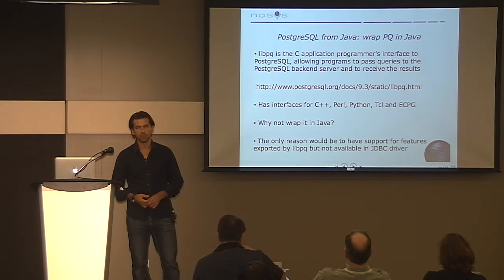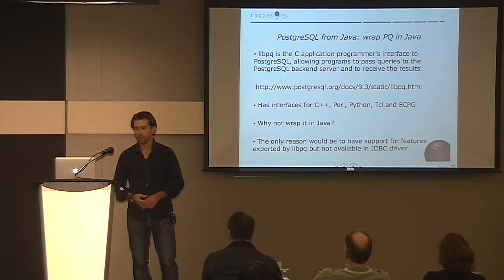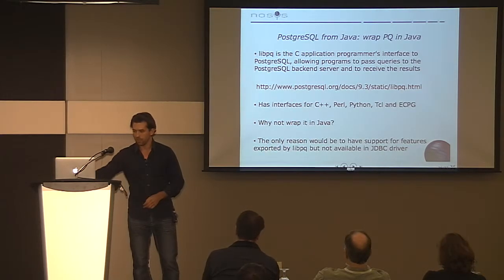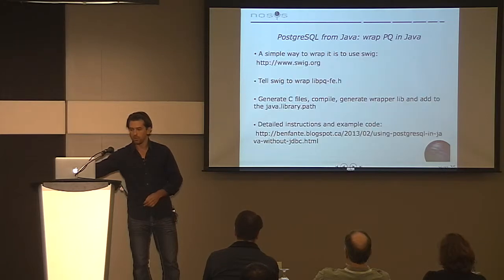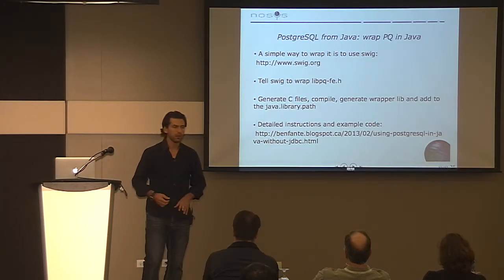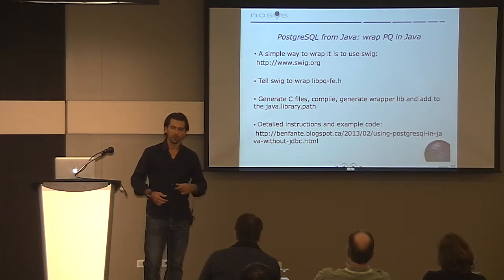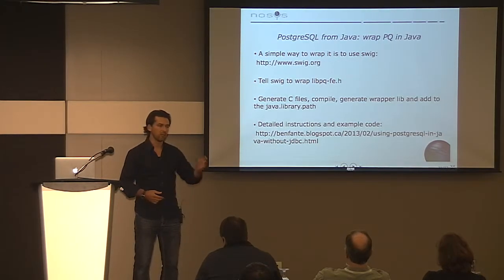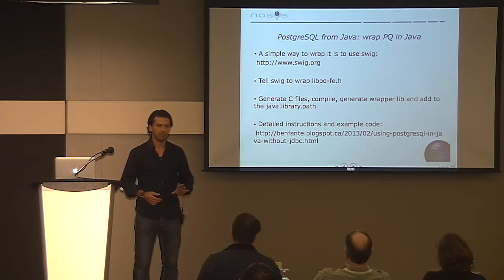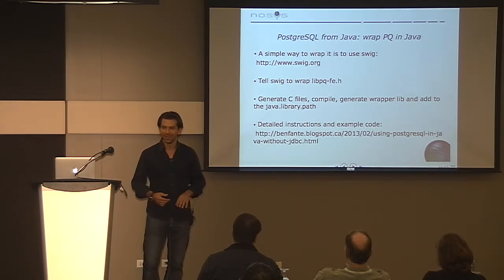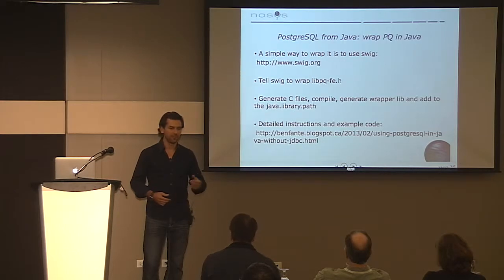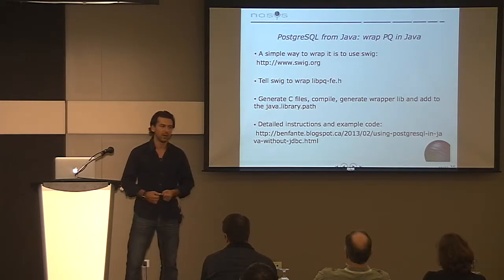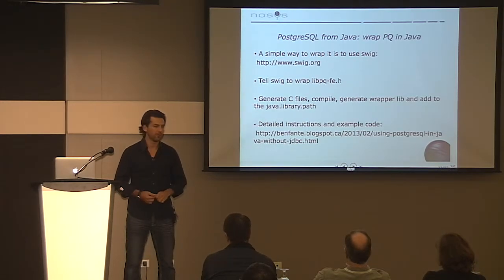Fortunately, there are some people who have done this before, and there's a library called SWIG, which basically helps you more or less automatically create a binding from any C library to Java using JNI. So it's basically running a script over the source code of libpq, and you'll get a Java wrapper library for it.